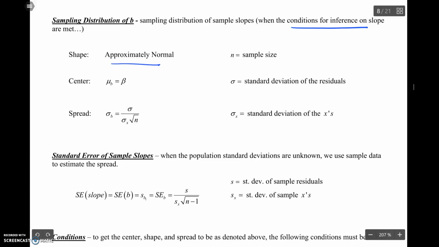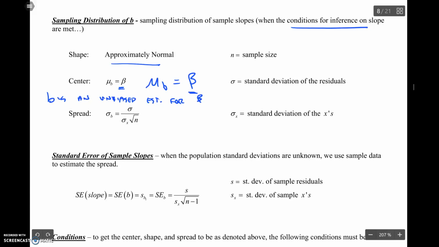The mean of my sample slopes is going to be equal to the true population slope. This tells us that b is an unbiased estimator for the population slope, beta.